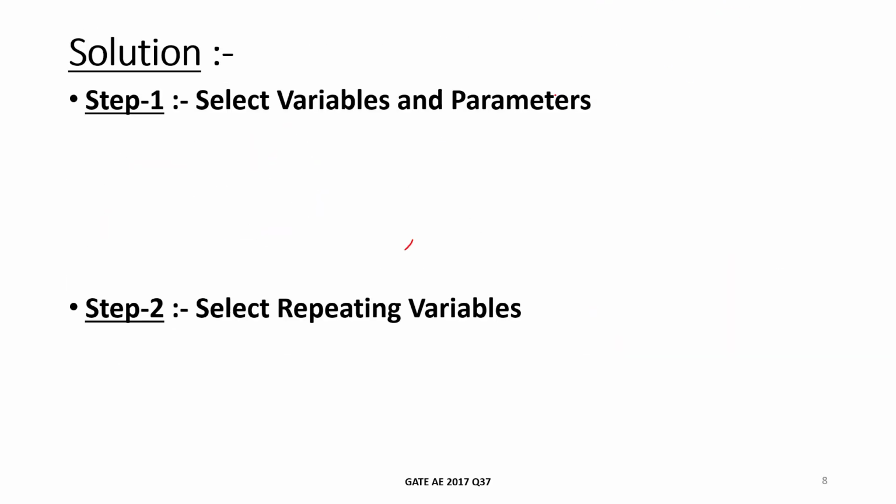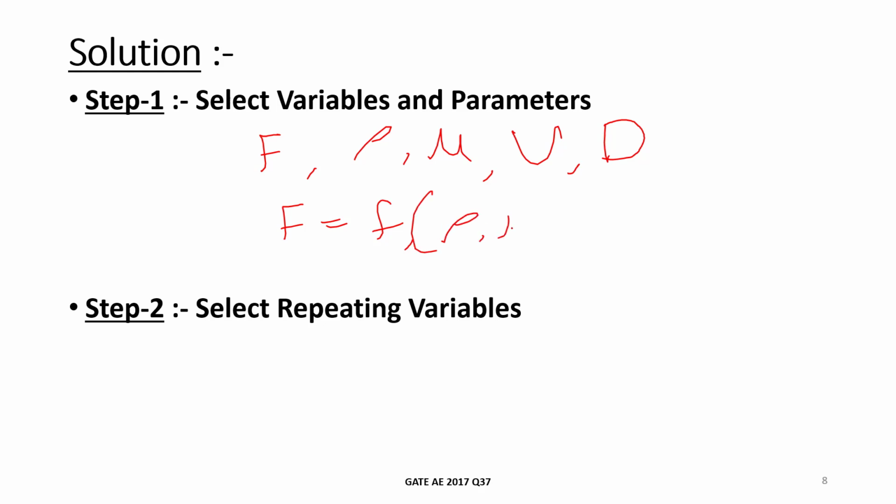All the variables are force, density, viscosity, and velocity, and as the football is circular, we have taken the diameter as the dimension. So we will write the functional relationship as force equal to a function of density, viscosity, velocity, and diameter.